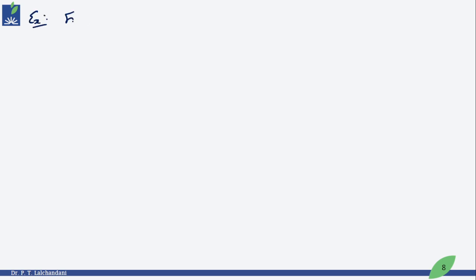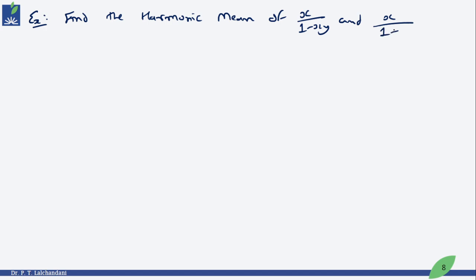Find the harmonic mean of x divided by 1 minus xy and x divided by 1 plus xy.